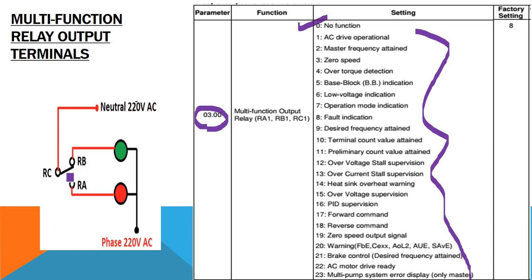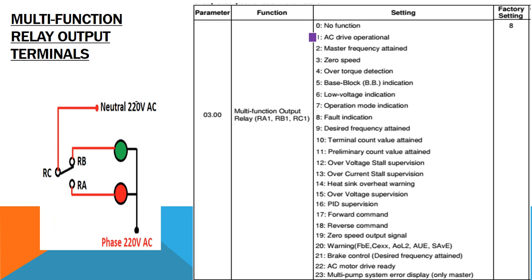That is, RB will be permanently closed and RA will be permanently open. And if the second point number 1 is given, AC drive operational. That means if you are selecting parameter 3.1 as the input, then when the AC drive is ready or operational, it will be changing its condition. That is, RB, whatever NC was there, will be open, and RA will be closed.